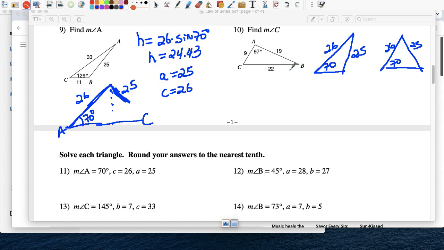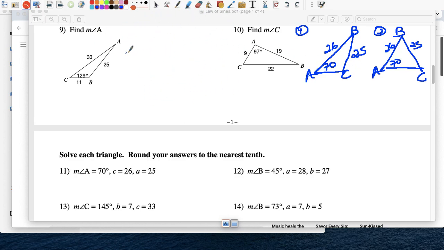Okay. So now that we know that, let's label. This is A, this is C, this is B, this is A, this is C, this is B. Let's call this triangle 1, and this triangle 2. Let's do triangle 1.